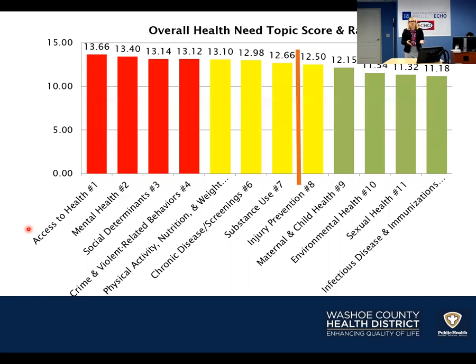No matter which way you slice it, that's a huge topic to try to do work in. Second is mental health, similar story there, a very big problem to try to get your arms around. And really, when we look at those top 5, we had to take it to 2 decimal points to even get a distinction between these top 5 really giant health needs. But it did help tee up those conversations and help show where those biggest gaps are.